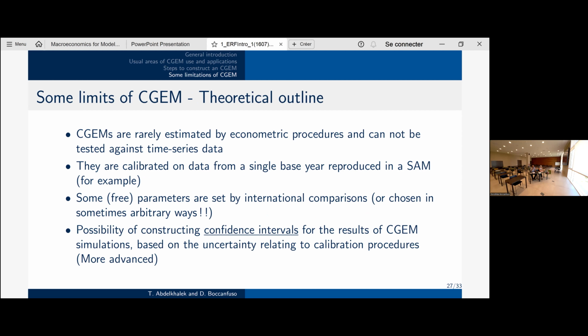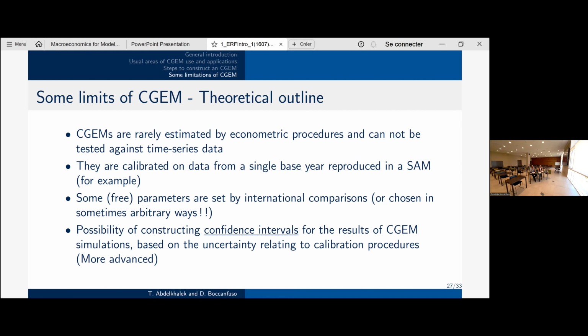It's a very interesting tool, but there are many limits. And with Dorothy, we select only some of these limits and classify them into theoretical limits and practical limits.